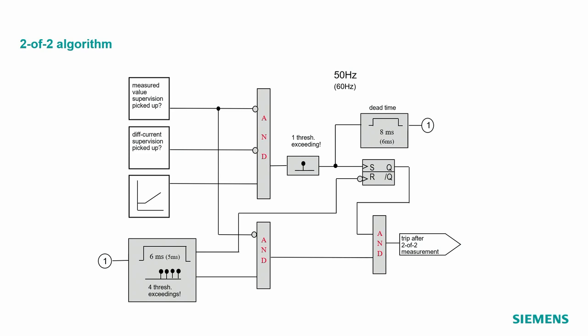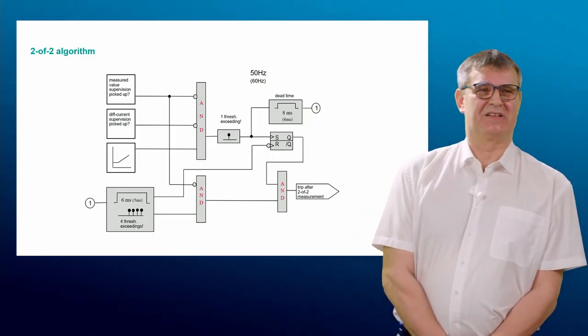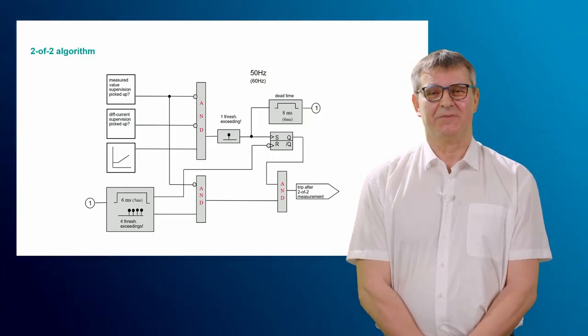Of course, that's the same for the 1/1 algorithm, but as we have here a separate slide, we will start the 2/2 algorithm only if the differential current supervision has not picked up and if any measured value supervision has been picked up. But I think that's a separate topic we will explain in the supervision tutorial, third or fourth tutorial, something else, at least later.